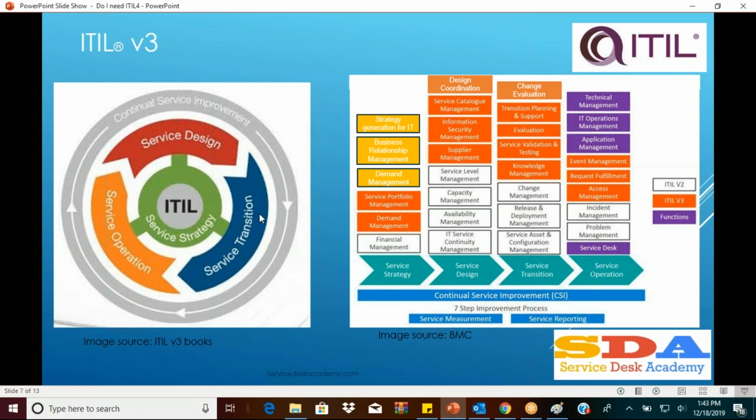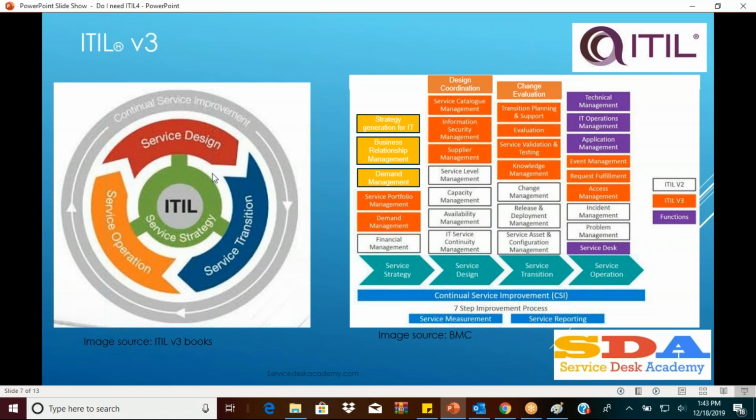Its purpose was to transit the services from design to service operations with the help of processes like change, release, and deployment management, service asset and configuration management, transition planning and support, service validation and testing, and knowledge management. And then the last was service operations, which focused on day-to-day operational activities with the help of processes like incident, problem, event management, request fulfillment, and four functions, that is service desk, technical management, IT operations, and application management.